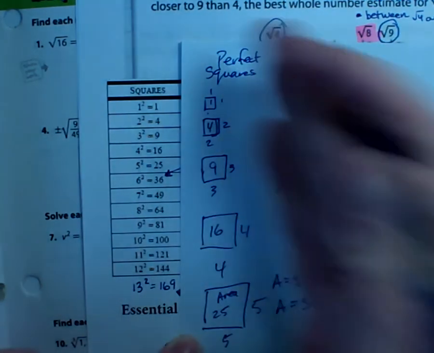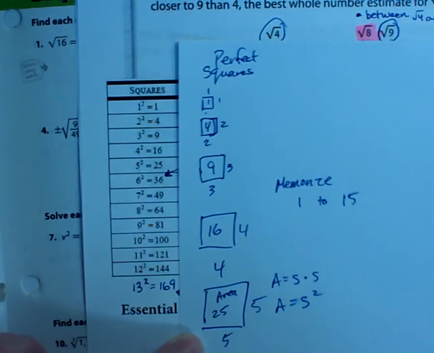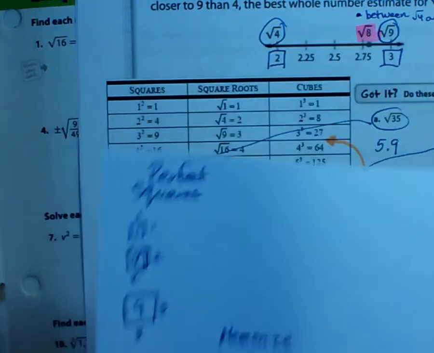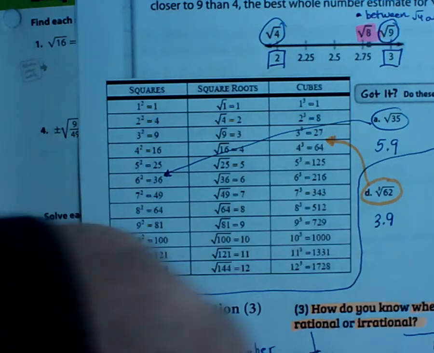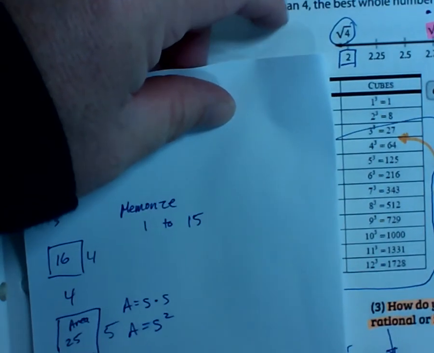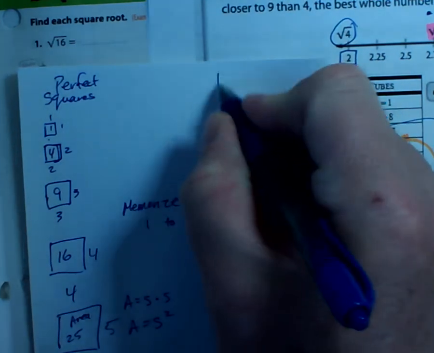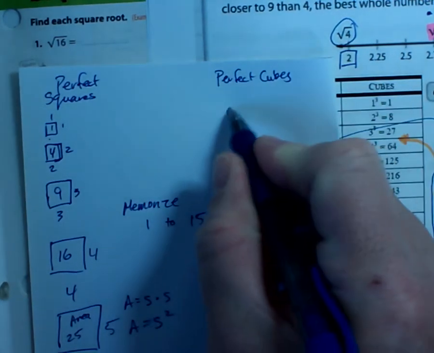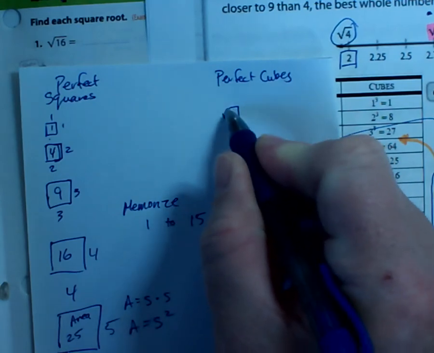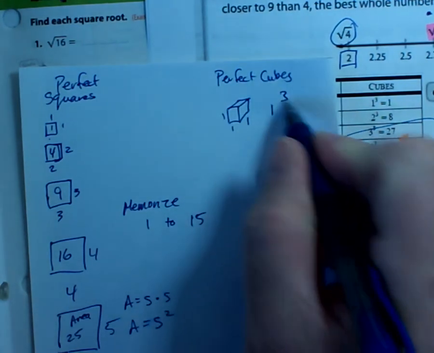We call them perfect squares because it's the integers that we're looking at. And then we also have something called the cubes. We have a similar situation where we have the same dimensions, but they are perfect cubes. So we have 1 by 1, but also going into the third dimension, 1 by 1 by 1. So we have 1 cubed.